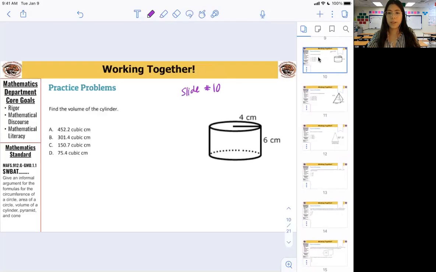Then we'll go over the answers, I'll help with any really challenging ones, and then you'll take your quiz. So go ahead, click on that link, go to slide number 10 and get started on the practice problems. I'll be here in case people have questions and we can go over things together.